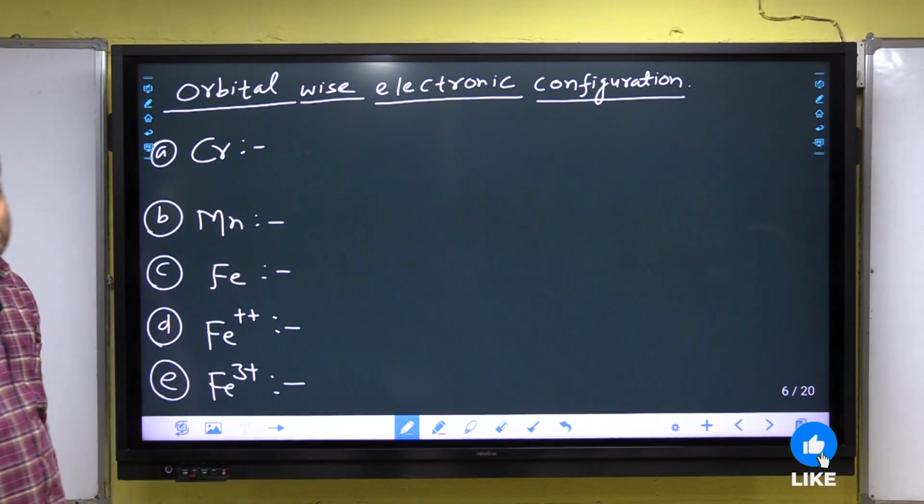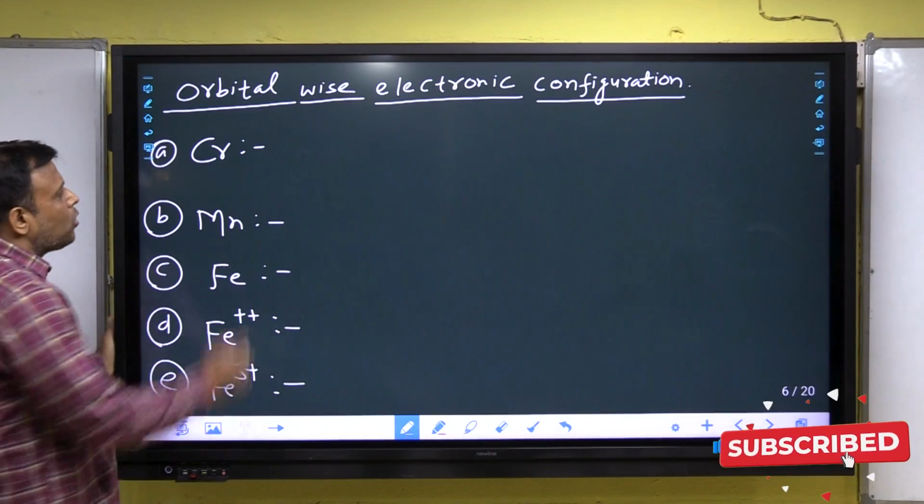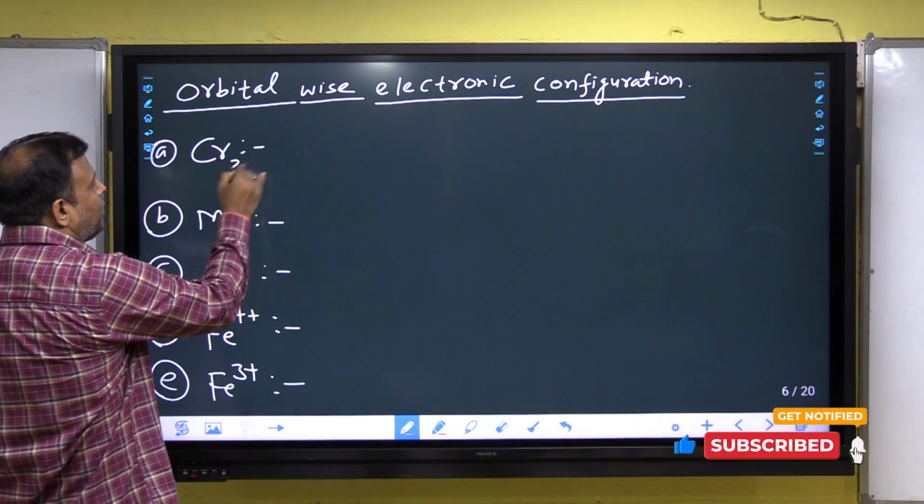Now, next, orbital-wise electronic configuration. Look at the board. Chromium, atomic number 24, yes or no?